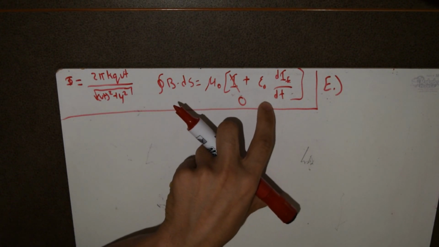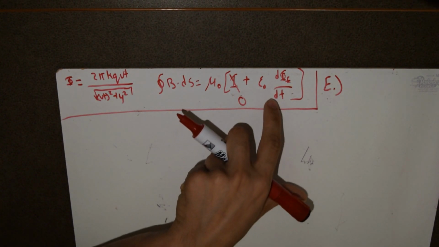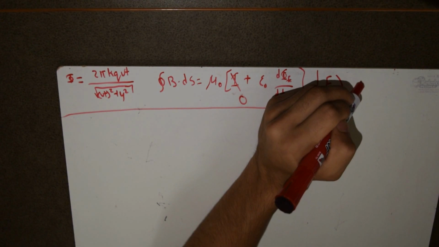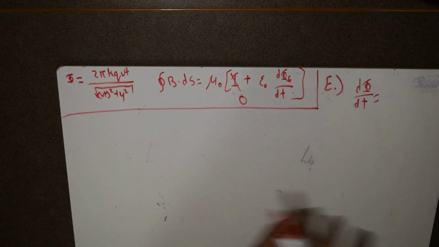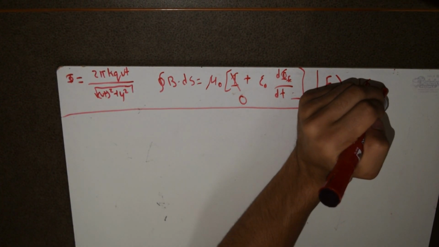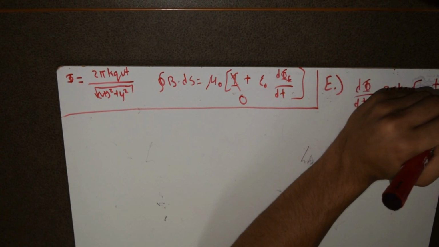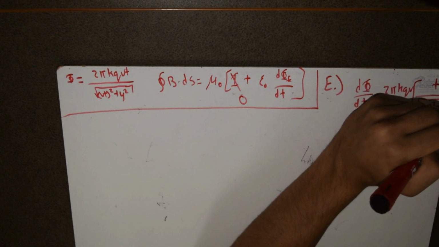So we are looking for the part of the flux, not current, sorry, of the flux that interests us, which is the time derivative of the flux. So let's do that first. So d flux over dt equals, almost everything is a constant again, except for t, so we'll take out the constants, 2 pi kqv times t over the square root of vt squared plus y squared.